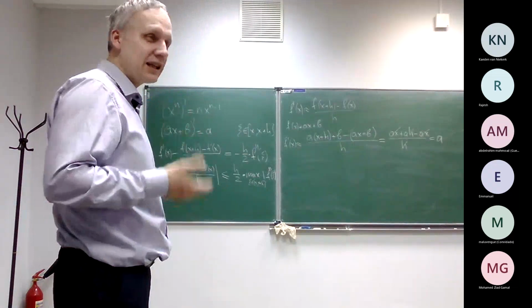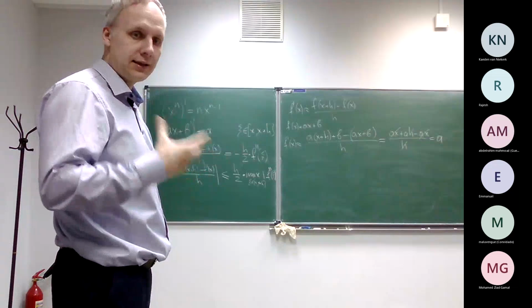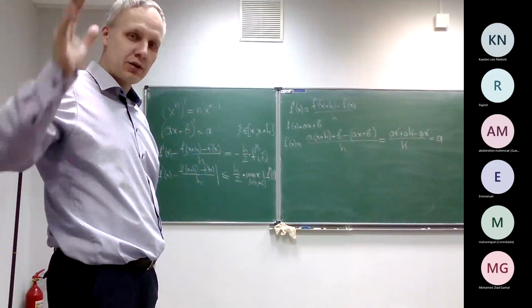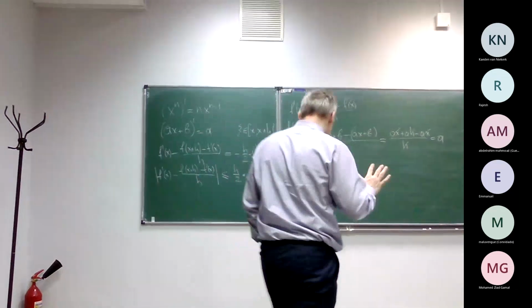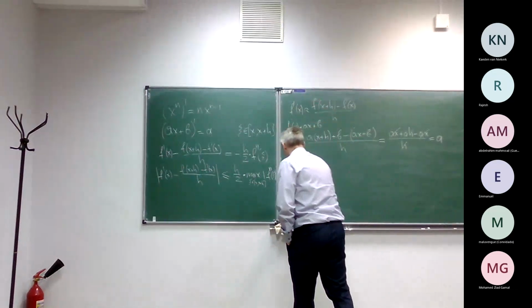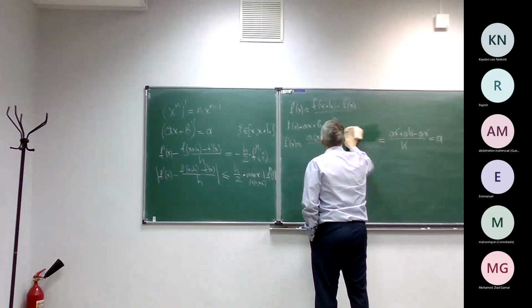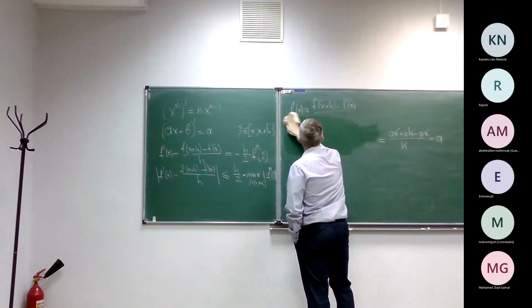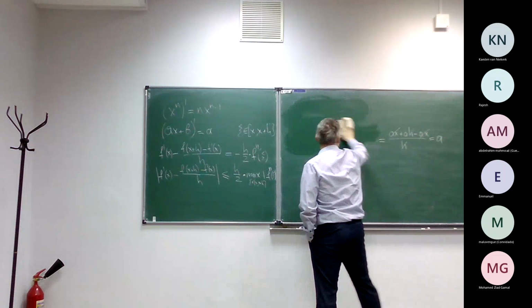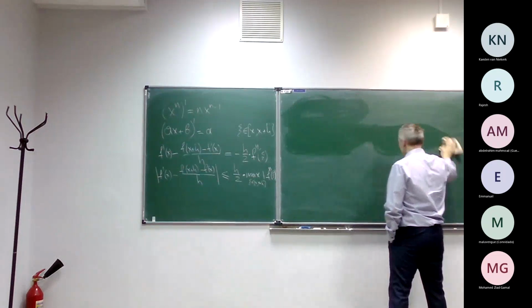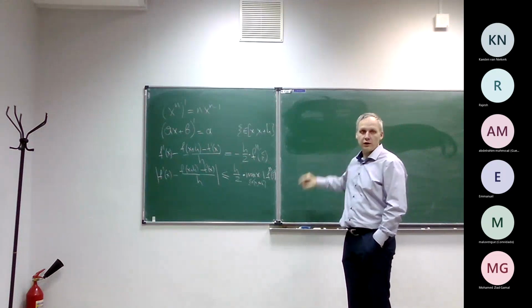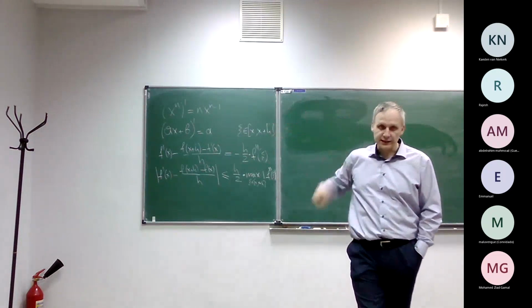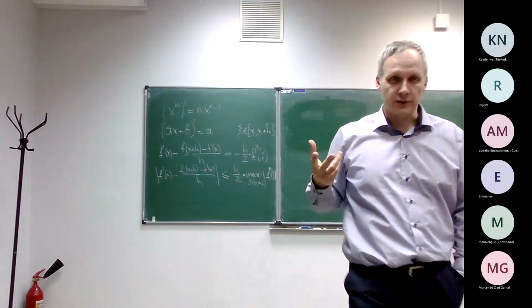Well, to understand how it works, let's consider an example, and I ask you to solve this example now. The example is simple. We discussed the linear function, but let's consider a polynomial function.